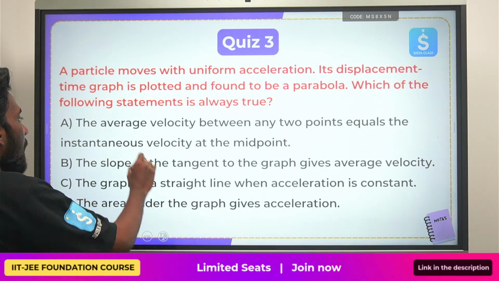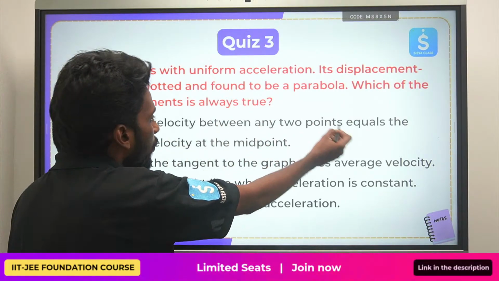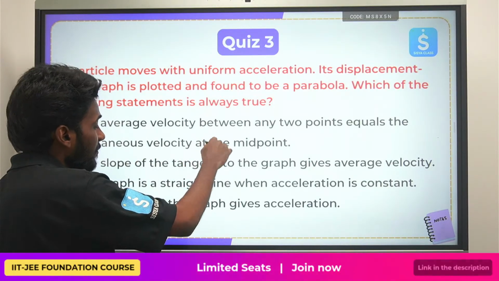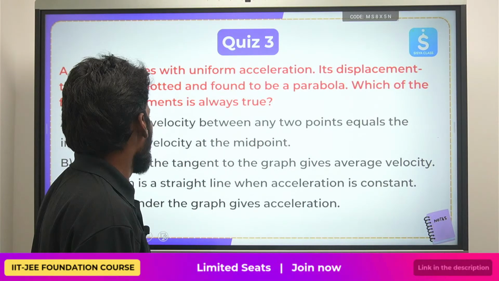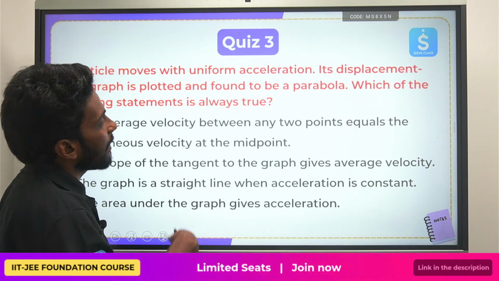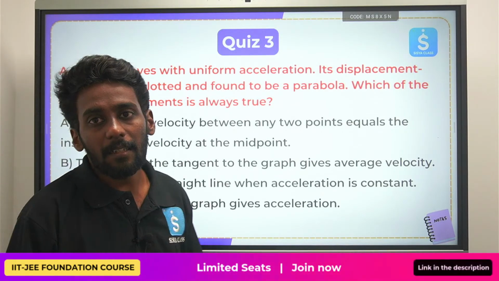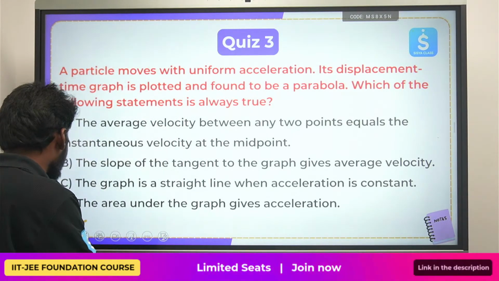The first one, the average velocity between any 2 points equals the instantaneous velocity at the midpoint. Let us see here.